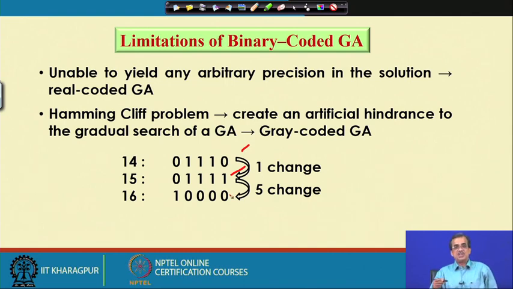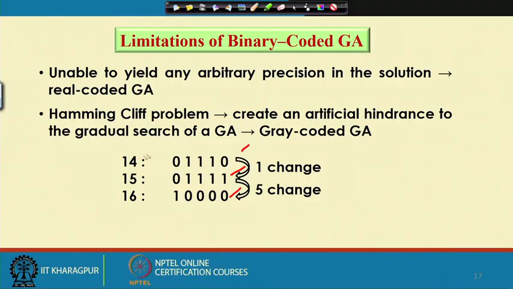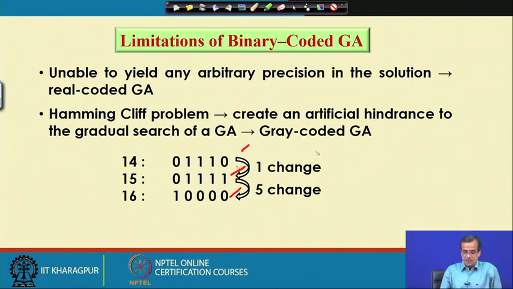Now, this is the way we represent the number in binary. Now, let us see how many bits are to be changed if I want to move from one number to the next number. For example, if I want to move from 14 to 15, there will be only one change, that means this 0 is made 1 here.